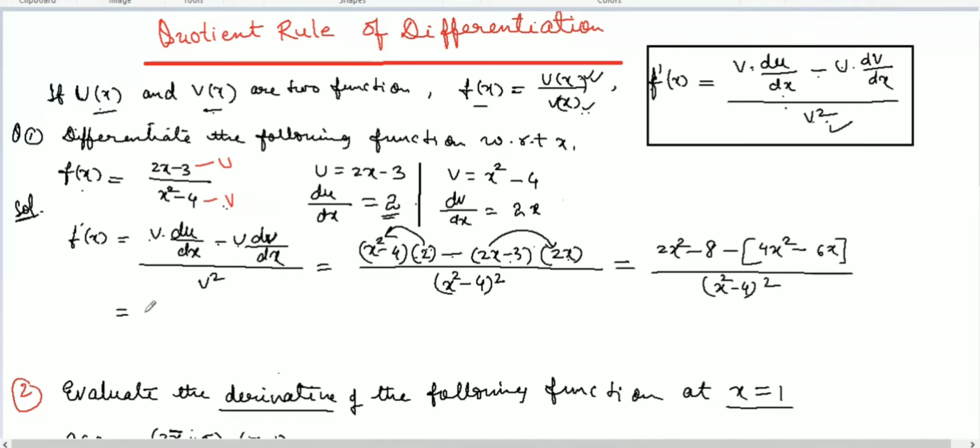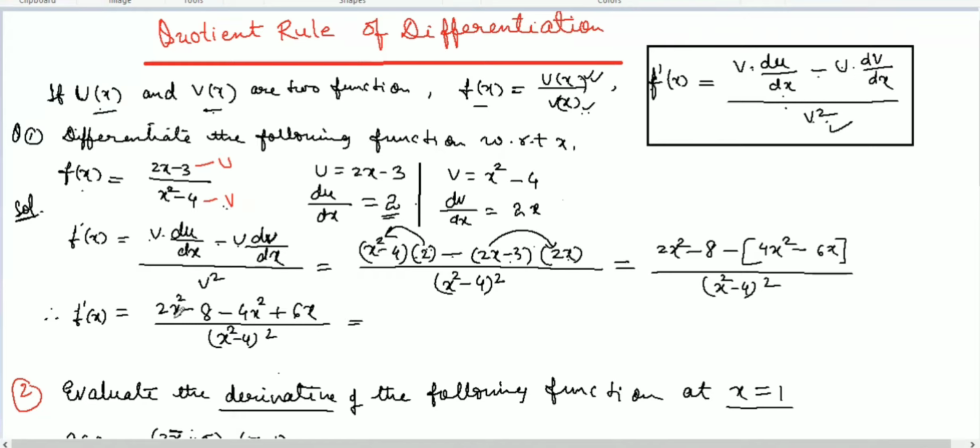Now we will write down here f prime of x, which is the differentiation of f(x): 2x square minus 8, and then open the bracket here, minus 4x square minus minus, which will be plus 6x, all over (x square minus 4) whole square.